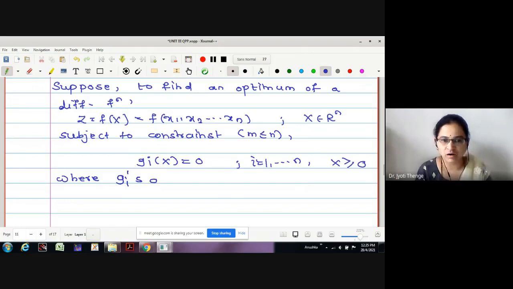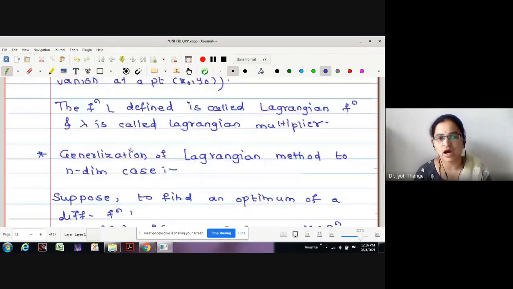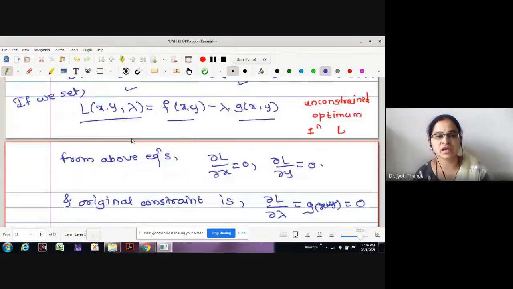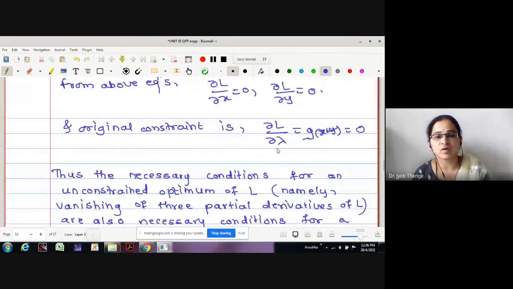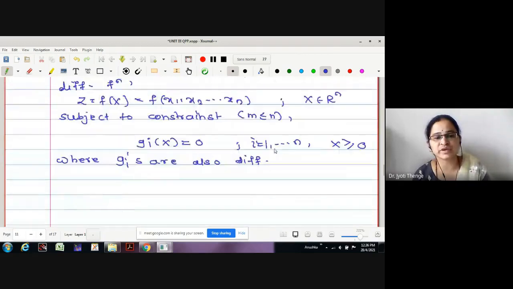Now, what does this previous method tell us? Simply construct a Lagrangian. How to construct a Lagrangian? In the one constraint case, we defined a Lagrangian as the objective function minus the Lagrange's multiplier into the constraint. Now, how many constraints do we have in this section? In all, m constraints I am going to consider.